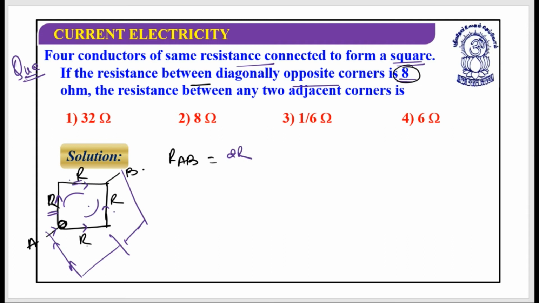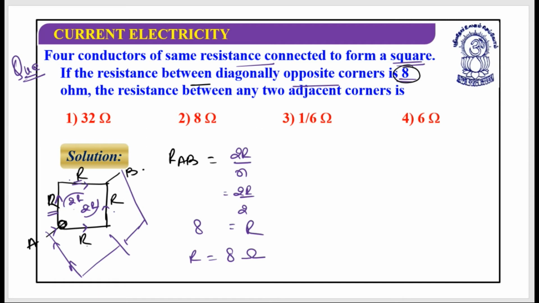So this 2R and this 2R are in parallel combination. When they are in parallel and their resistances are equal, it's 2R divided by N. It is a combination of two resistances. It's 2R by 2, which will be R. And this RAB has been given as 8. So the value of R is 8 ohm. Is it clear? Is it?